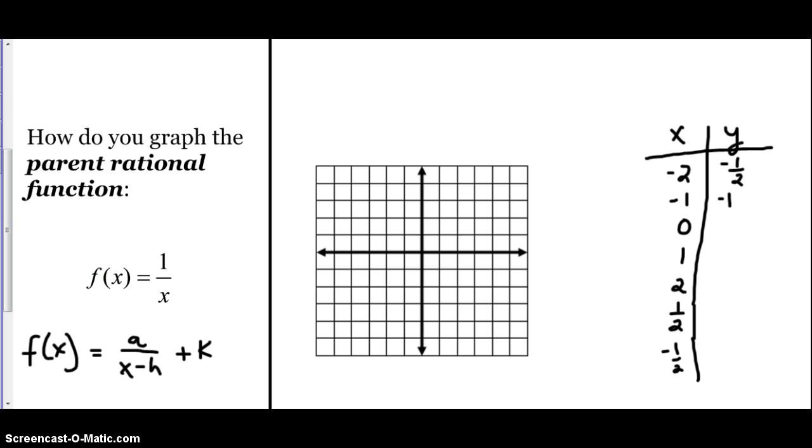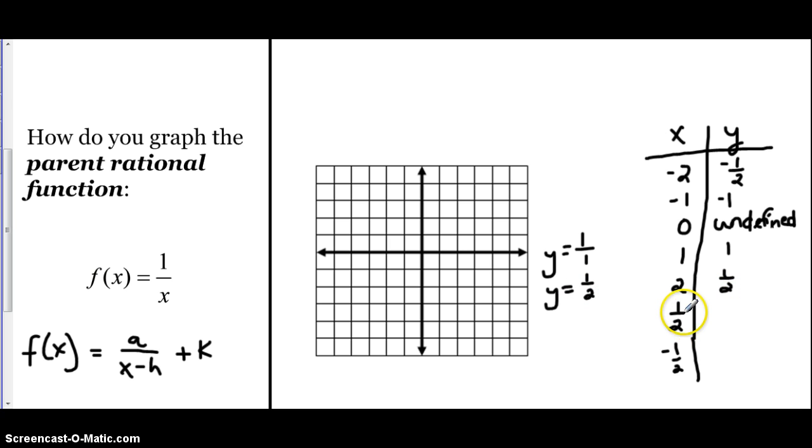We can't divide by 0, so it's going to be undefined at 0. If I input 1 for x, I have 1 over 1. So this is what I'm doing in each step: 1 over our x, in this case it's 1 over 1, so that is 1. For when I input 2 for x, we have y equals 1 over 2, so that's 1/2.